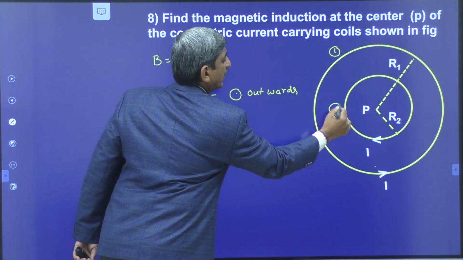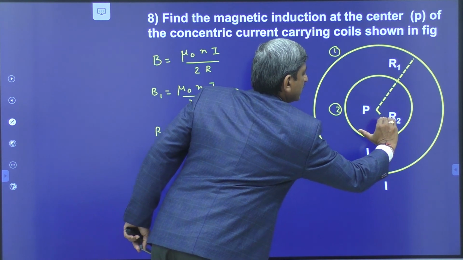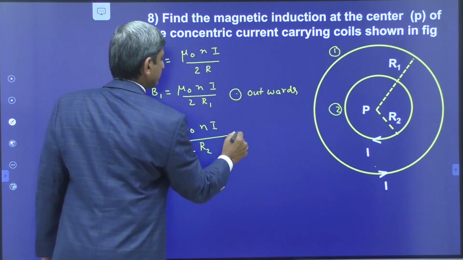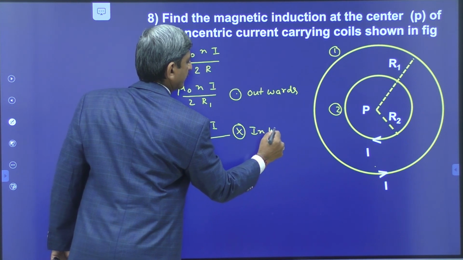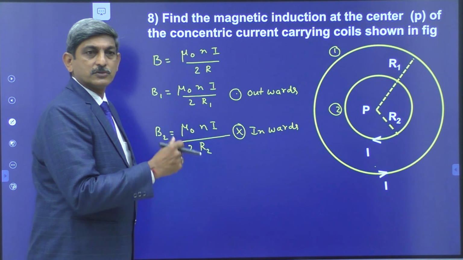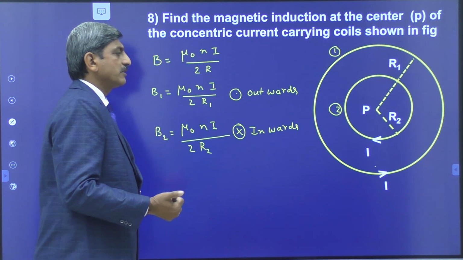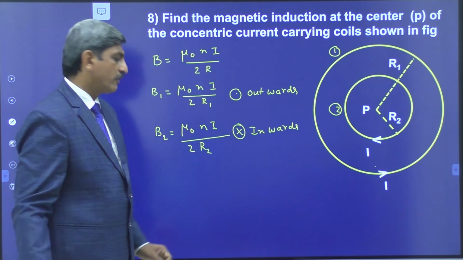Whereas the field produced by the second coil is directed inwards by using the right hand rule. Okay, so the two are in opposite direction. One is acting upwards, one is acting downwards. They are acting opposite to one another.